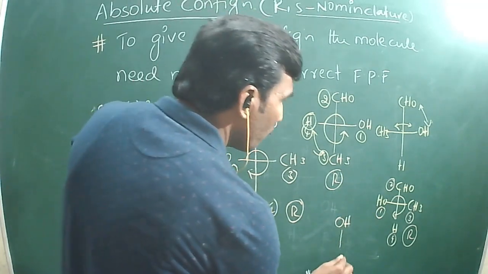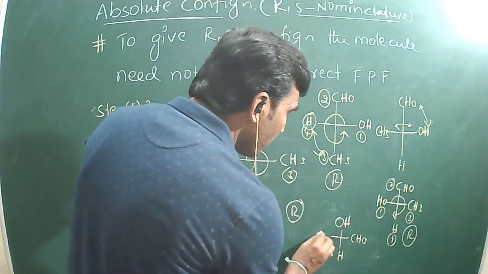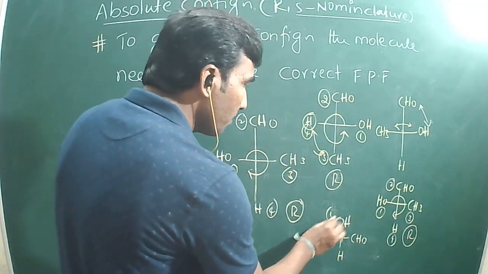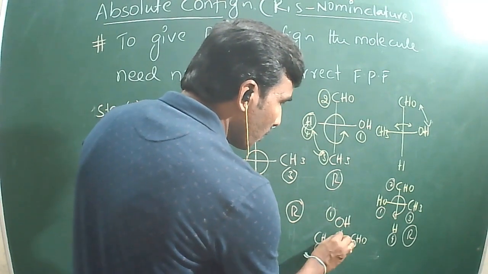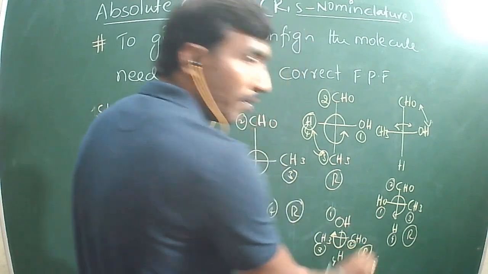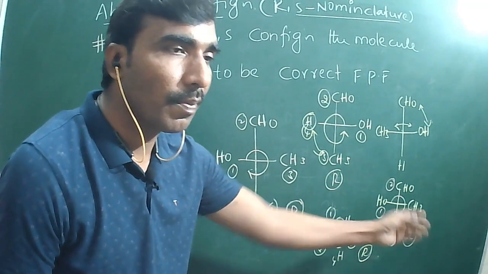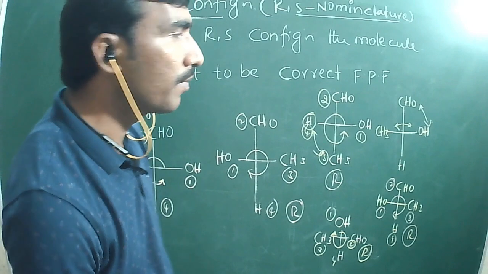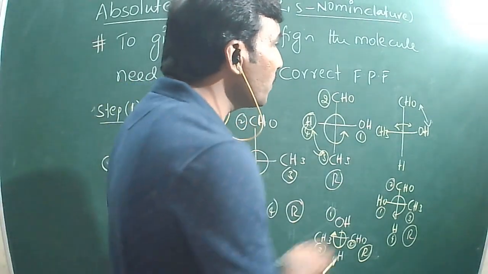OH and H, CHO and CH3. Tell me what I will get. 1, 2, 3, 4, so you ignore the 4. 1, 2, 2, 2, 2, 3. Clockwise, what is the configuration? It is the same thing I got now. Even if you switch these two also, you will get the same thing. Understood?